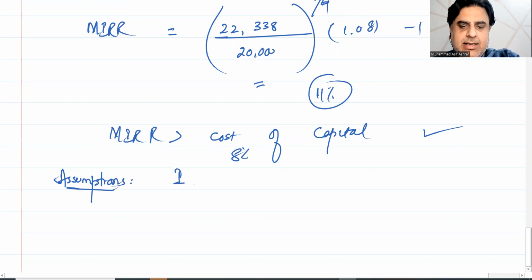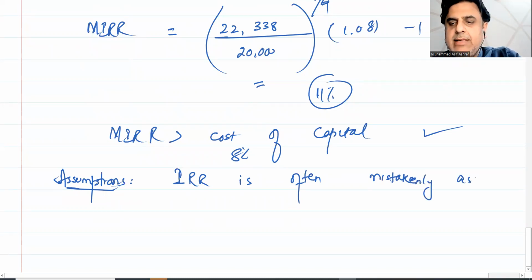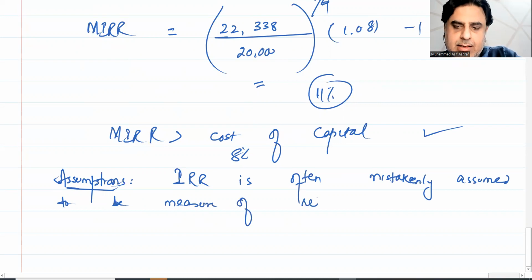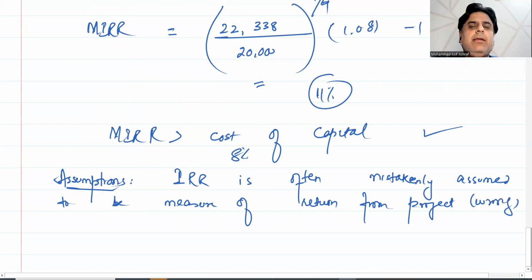IRR is often mistakenly assumed to be a measure of return from a project, which is wrong. This is what I told you earlier, that normally this is taken as the return from the project, but it is not.